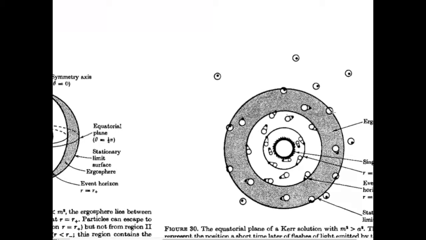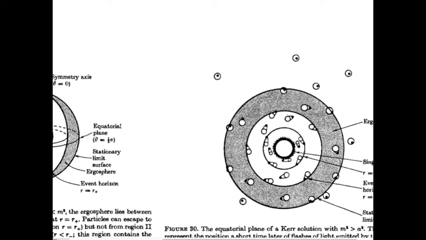If you start at this point and you send a signal, you can still send it to larger radial directions. So you are still outside of the event horizon, but you cannot send it against the axis of rotation. The signals are, in a sense, frame dragged in the direction of the rotation.